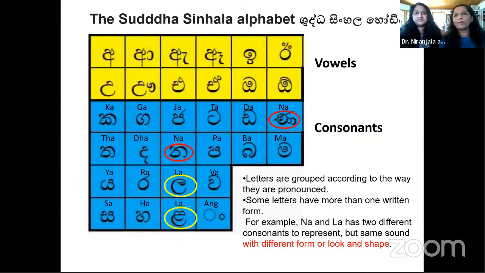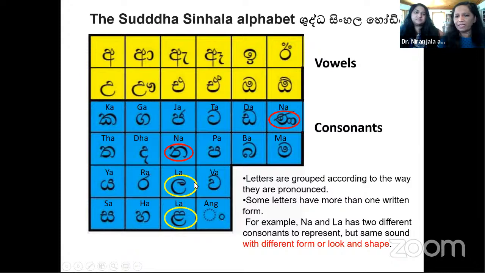Okay, so about the Sinhala alphabet, some letters have more than one form. For example, this is the na sound, and this is also the na sound. But there are two ways to write it, because I think that in Sanskrit and in Pali you need this special na to sound it right.